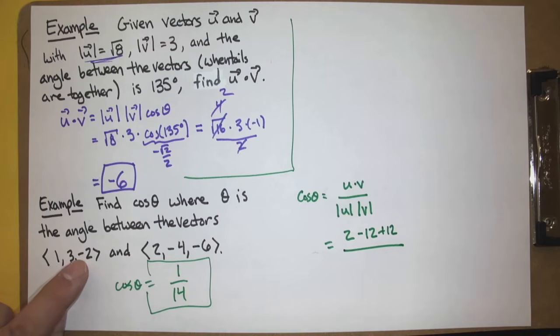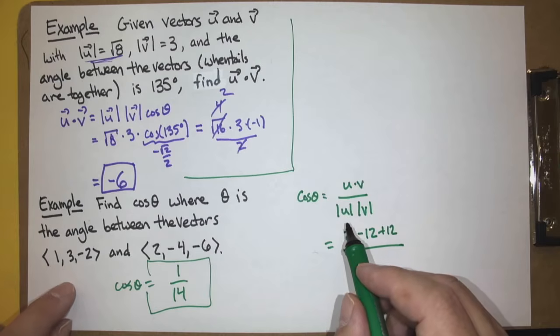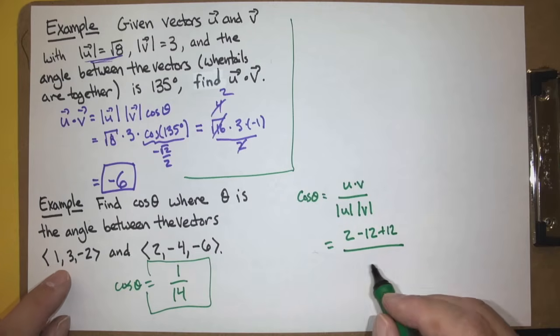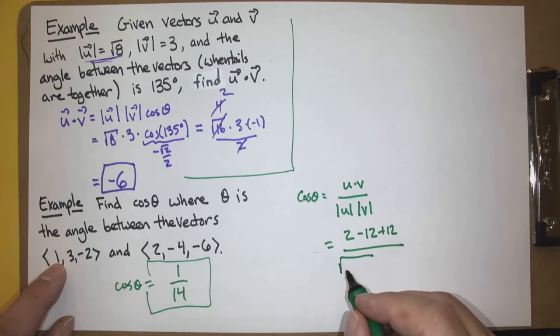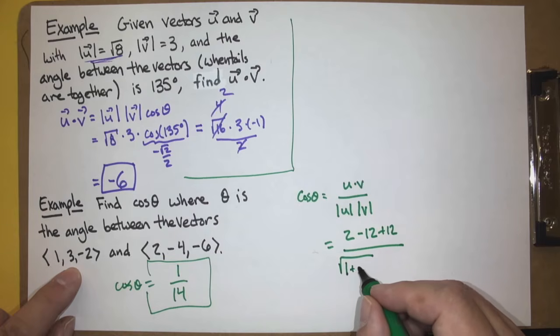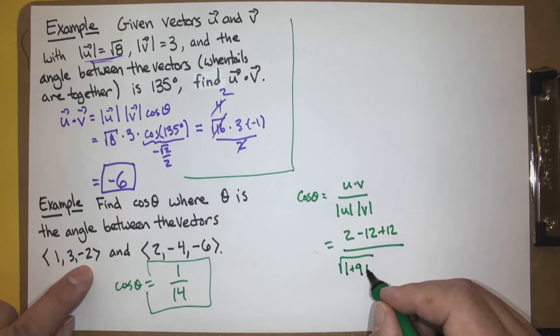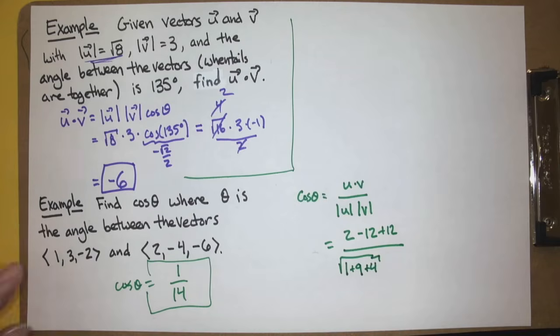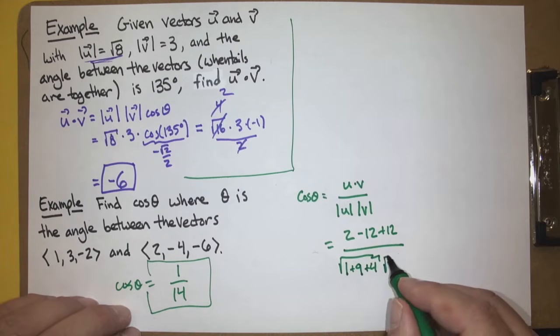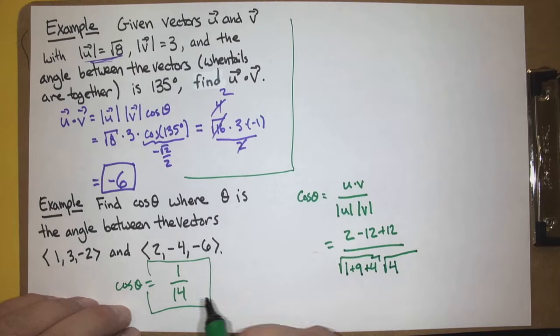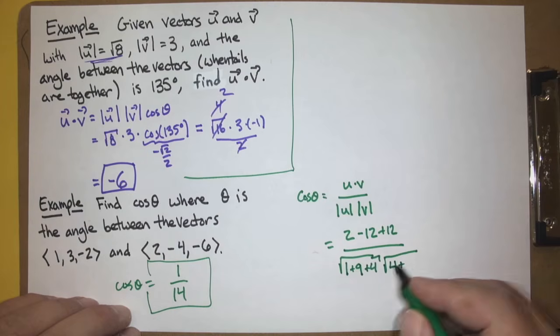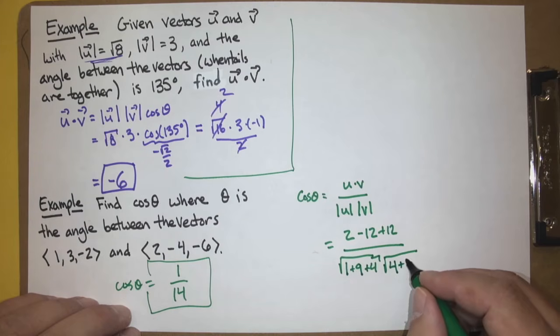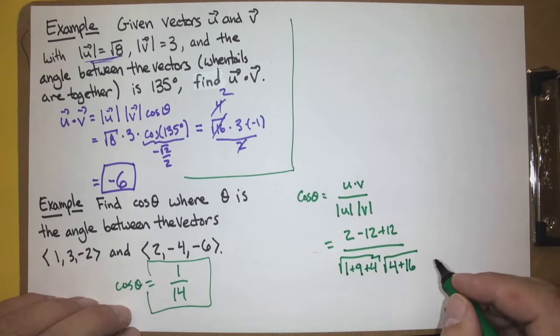All right, now that's the upstairs. Downstairs we have a magnitude. All right, so we're going to take a square root, and we square each entry. So 1 squared is 1, 3 squared is 9, negative 2 squared is positive 4. When you square a negative, you get a positive. And then the other term, square root of 2 squared is 4, negative 4 squared is 16, and negative 6 squared is 36.